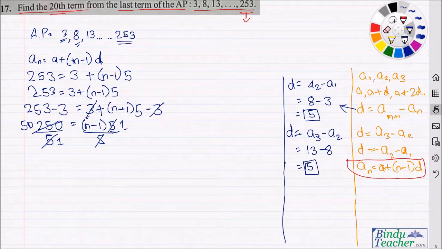Right? So let me write it down here. We have 50 equals n minus 1.